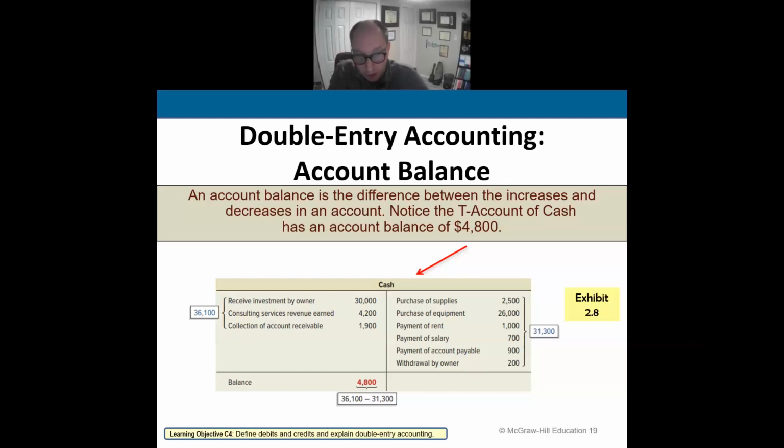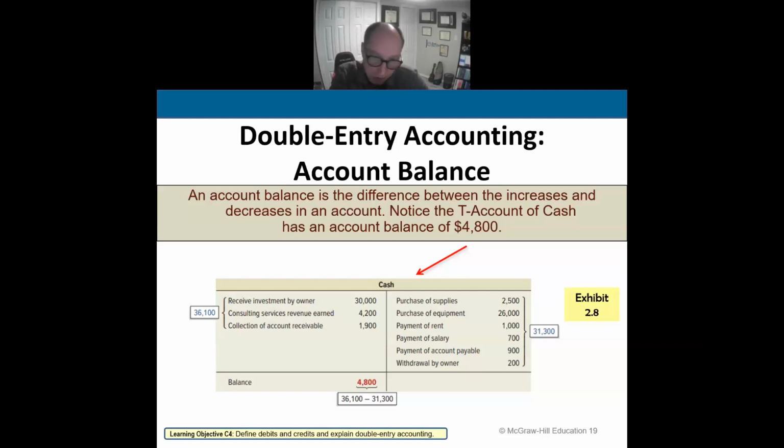The T account represents the changes of that account. That's what a T account is. It's just a visual representation that represents the changes of that account over time. This represents about a month worth of transactions for cash.